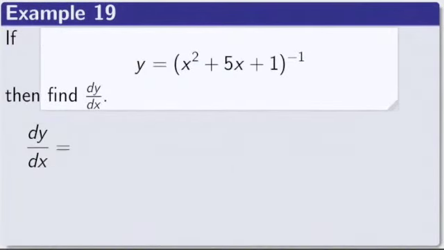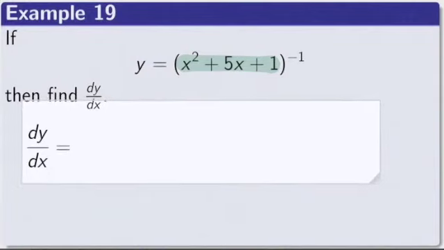Let's look at another example. We can use the chain rule again to find dy dx. If we treat this term inside the brackets as u, then dy dx is equal to dy du times du dx.